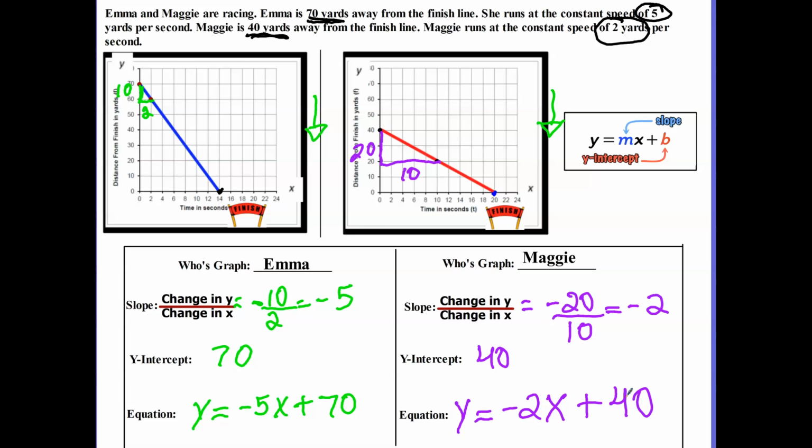Now when you look at the problem, you can see that Emma was running at a constant rate of 5 yards per second, and here we have 5. And Maggie was running at a constant rate of 2 yards per second, and here we have 2. So this is how word problems and lines and graphs work.